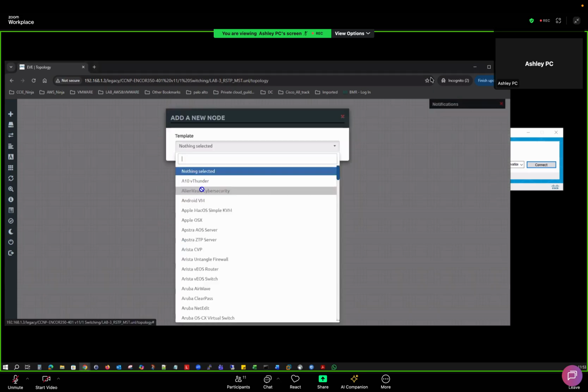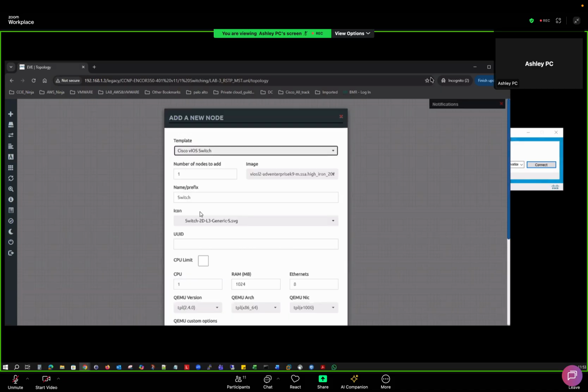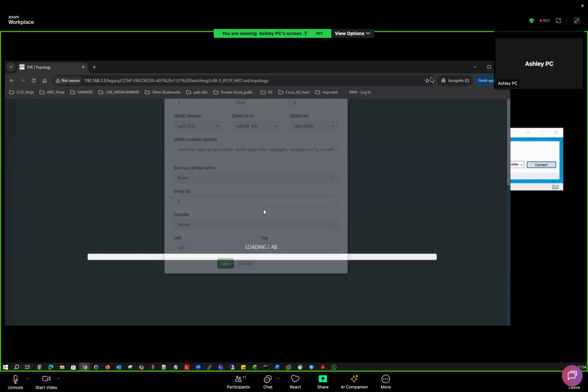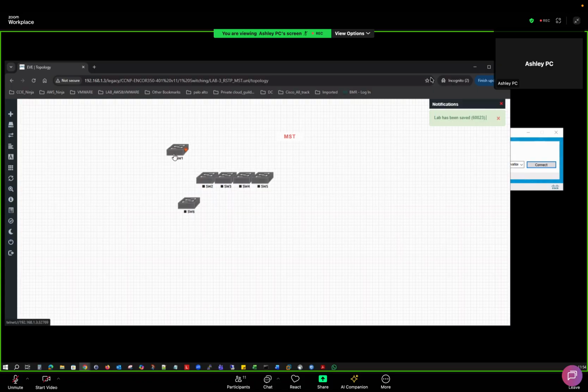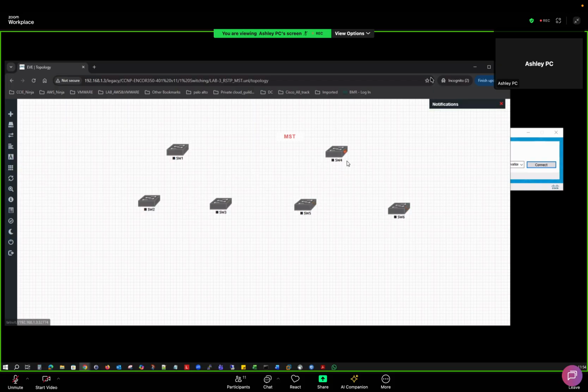Let's assume this one has six switches, and we are going to give the name as SW. We have six switches: switch 1, switch 2, switch 3, then switch 4, switch 5, and switch 6, right?